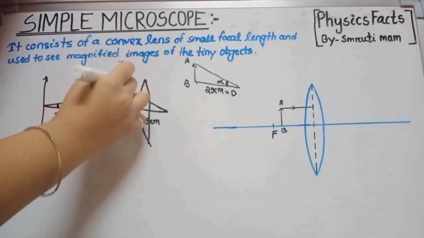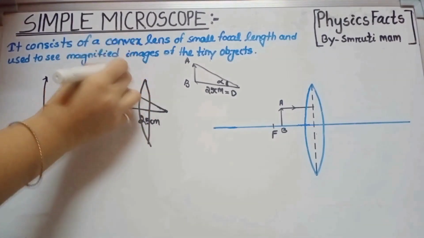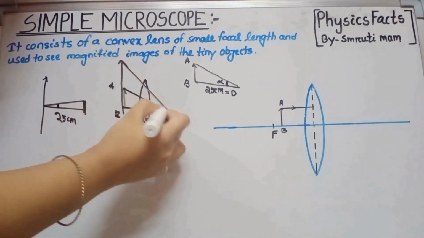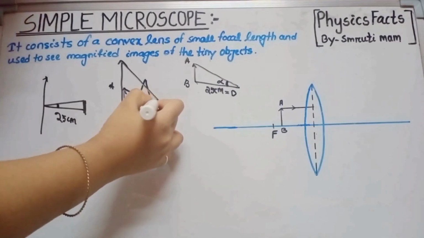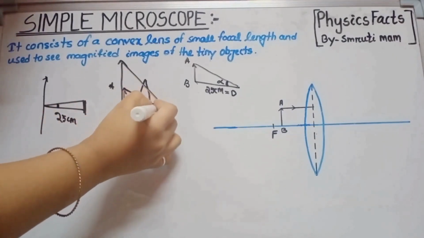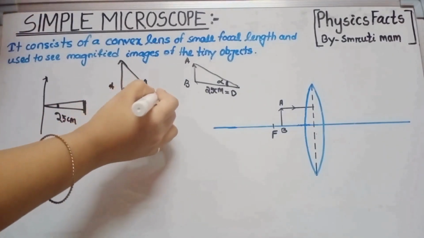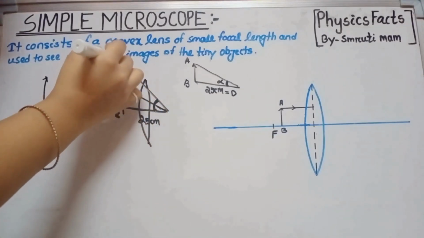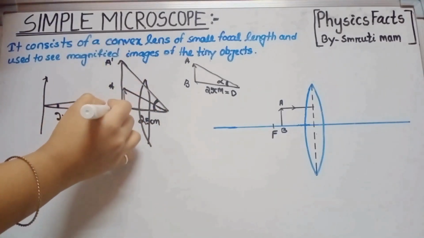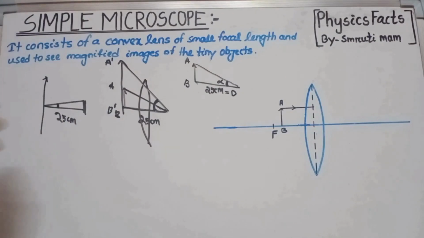Here that large view is produced. So the angle subtended, that angle is increased and this angle is called as angle subtended by the image A prime B prime. समझ आया?